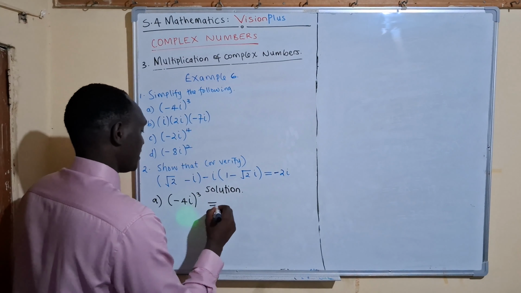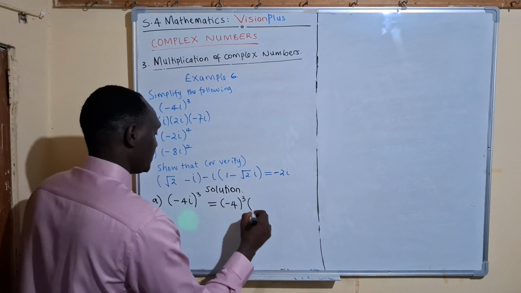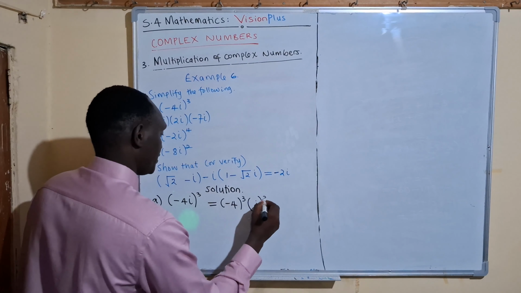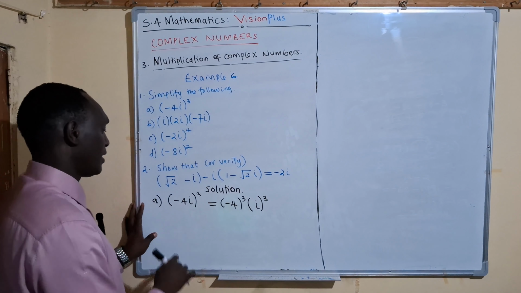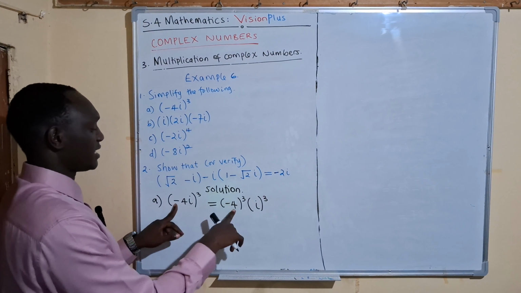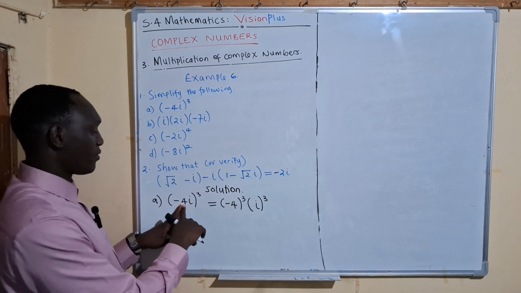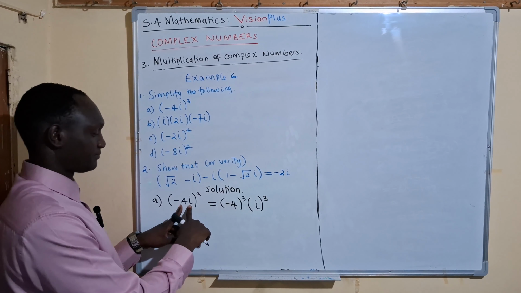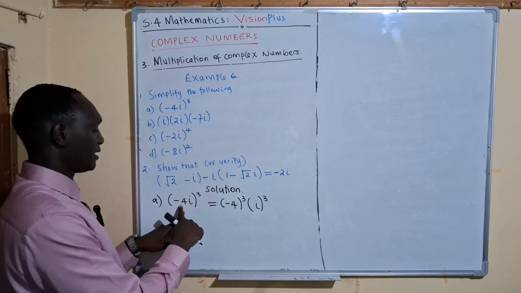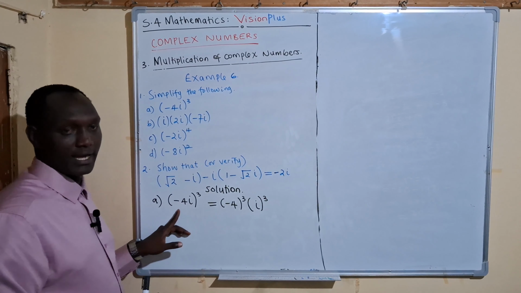So this is the same as negative 4 to the power 3 times i to the power 3. The position of the negative is not necessarily on 4, but you must put it either on 4 or on i. Putting it on 4 does not give a different answer than putting it on i.